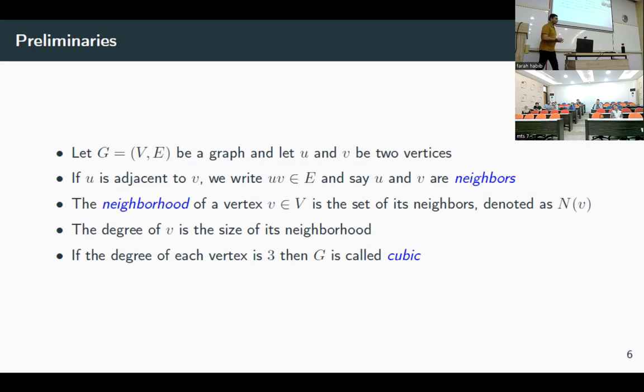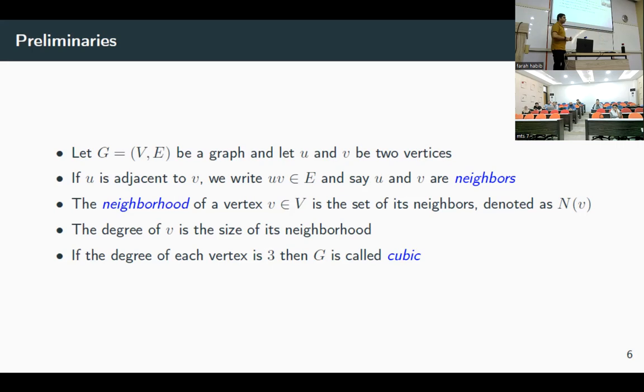So for example, if there's a vertex v here that has 5 other vertices adjacent to it, the neighborhood of v is, for example, A, B, C, D, and E, and the size of the neighborhood is 5.